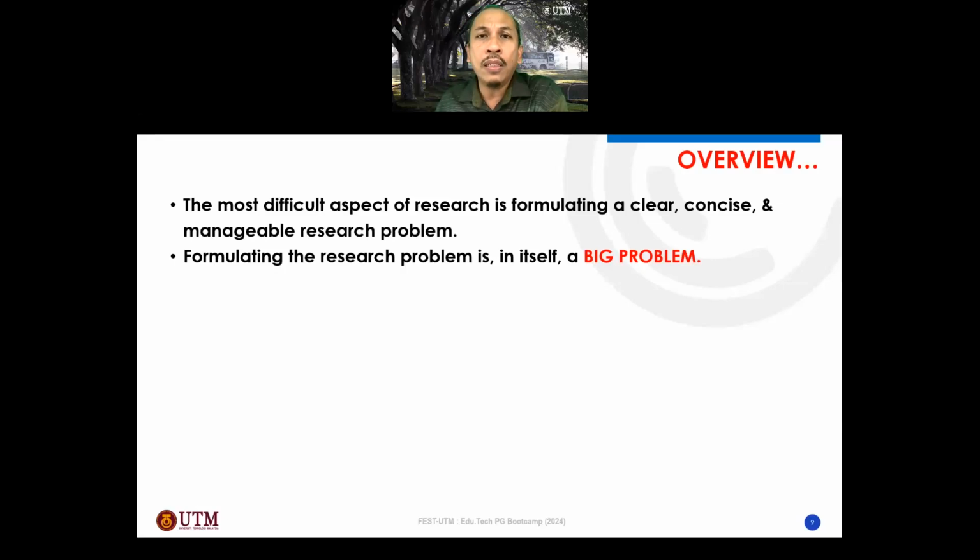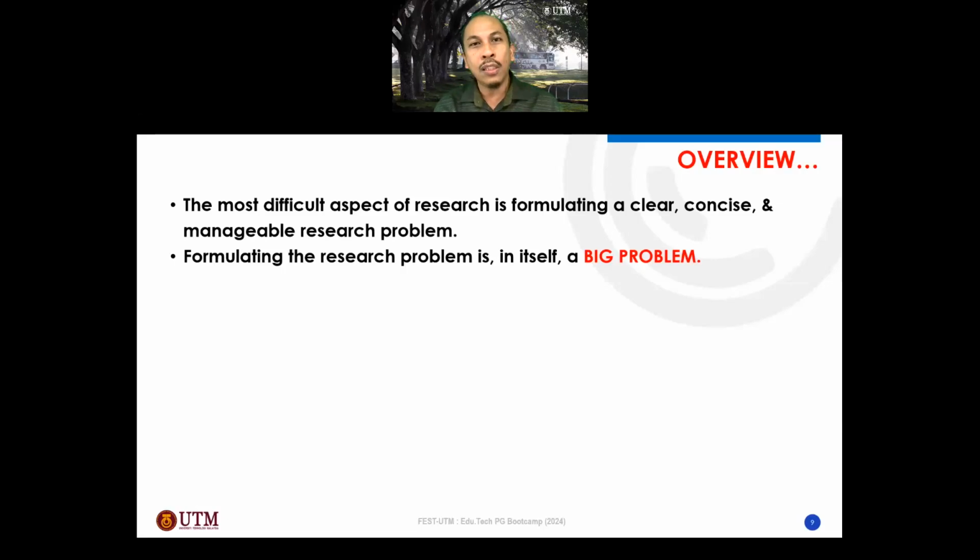So when we talk about formulating a clear, concise, and manageable research problem, it sounds simple, okay? But trust me, formulating a research problem is often a big problem. It's like standing in front of a blank canvas or a computer screen, trying to figure out what masterpiece you want to create.